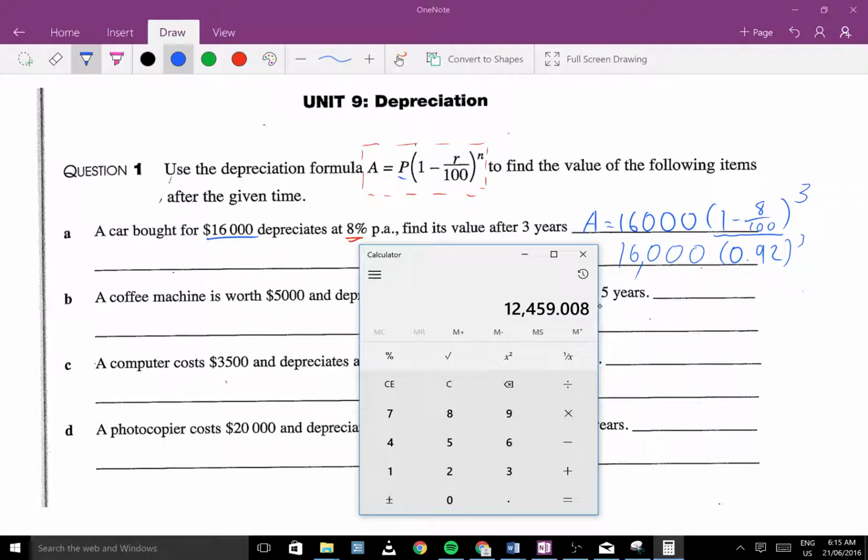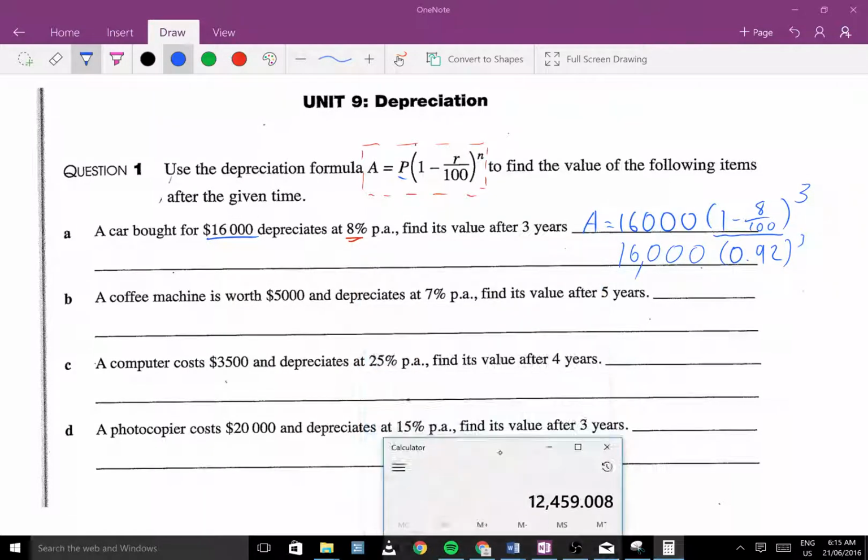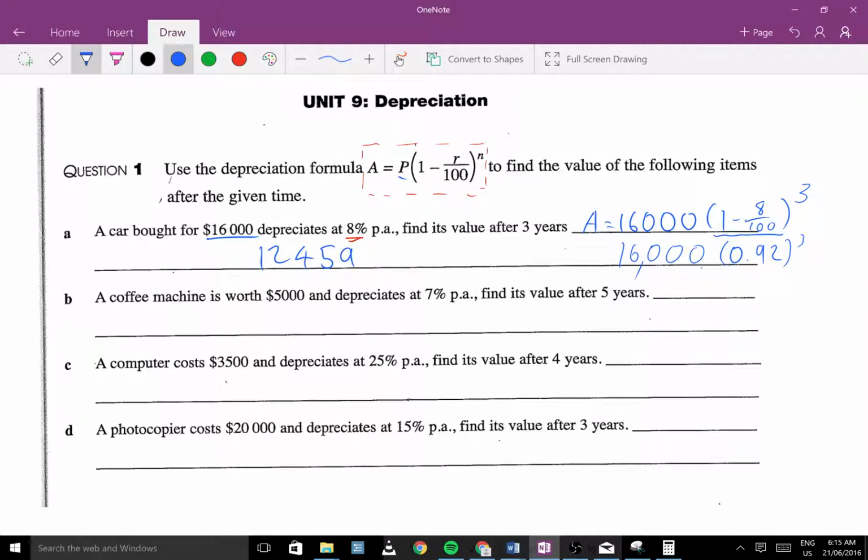Generally you round to 1 cent, but I think we're going to ignore that cent. $12,459 is the value of the car after 3 years.